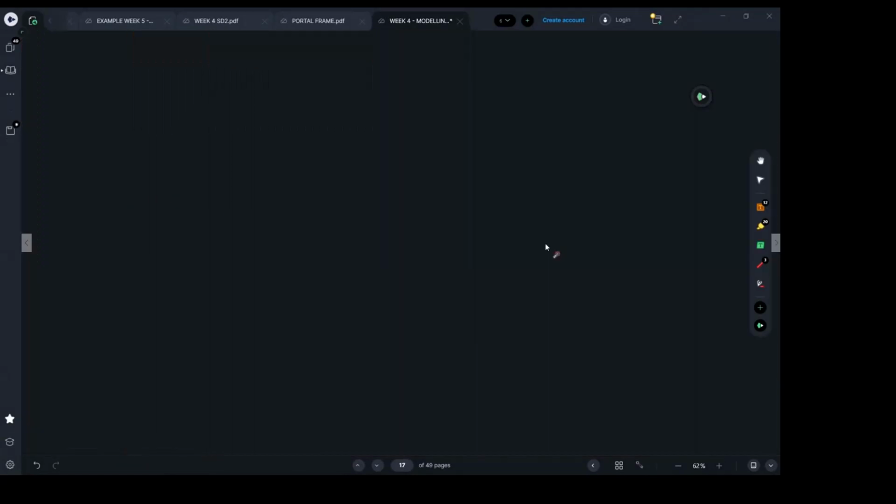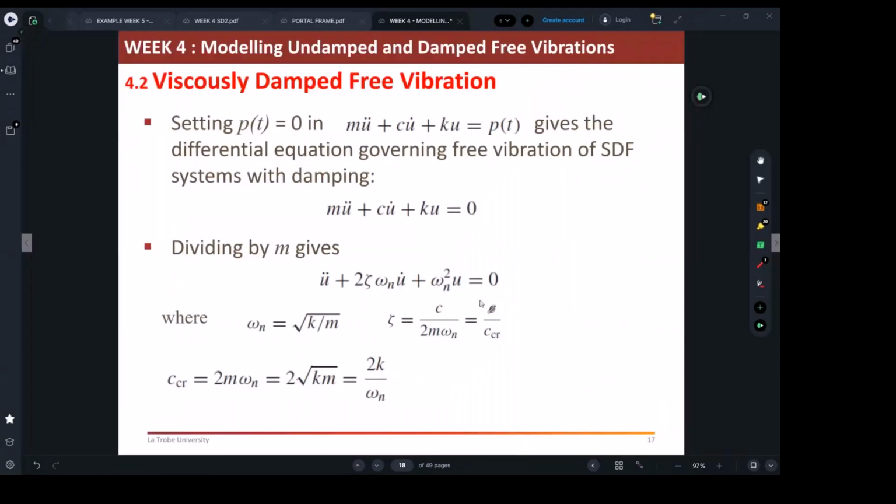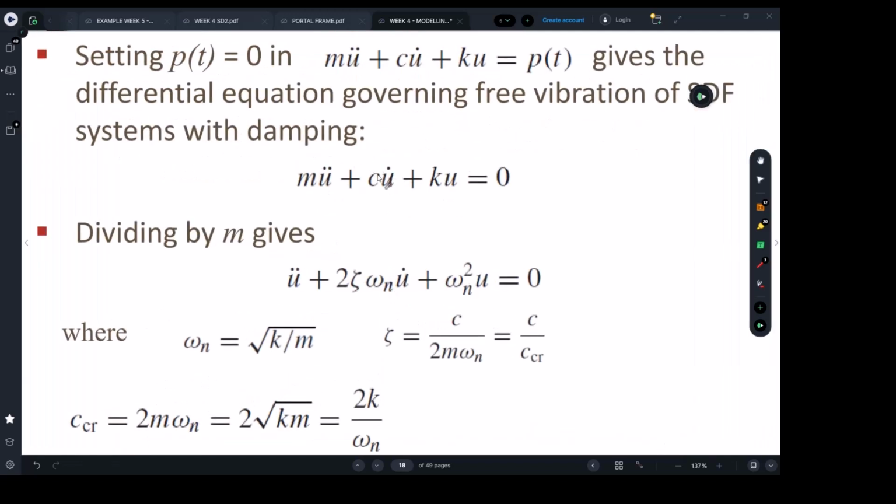Okay, nothing really different or special. Then what's happening here? We're going to have this kind of arrangement of parameters or properties, which is maybe new for you because we're talking about damping. So after we divide the C over M, engineers came up with different definitions.